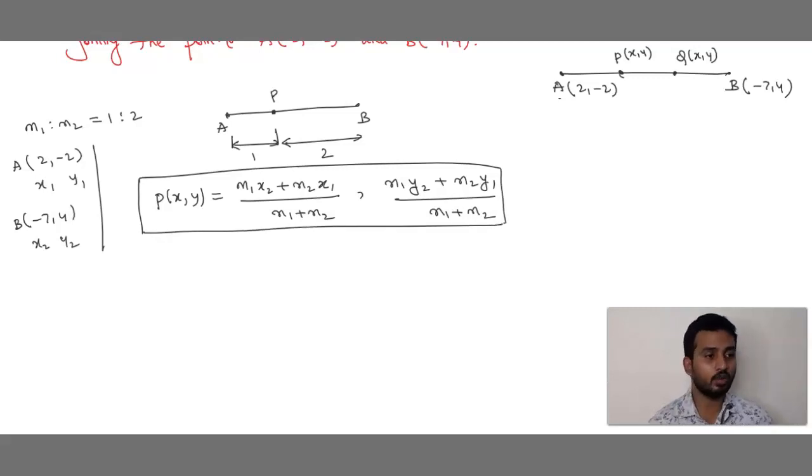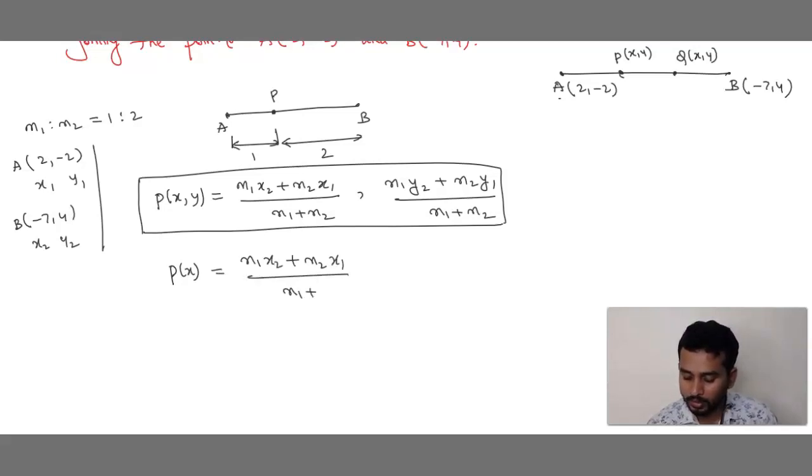Now I will take the x coordinate, only the x coordinate. ठीक है बेटा? That is P of x. होना तो y coordinate भी ले सकते हैं, your wish. P of x is equal to m1 x2 plus m2 x1 by m1 plus m2. That is P of x, y, which is what we are going to find.